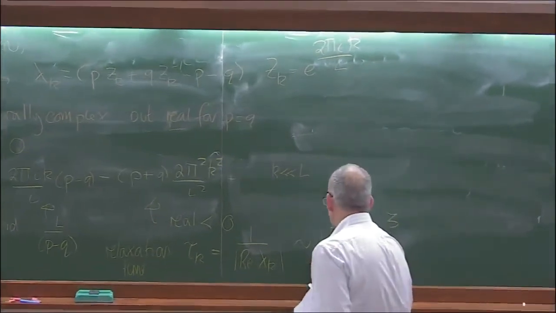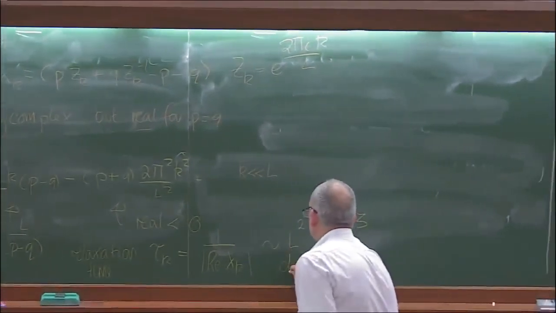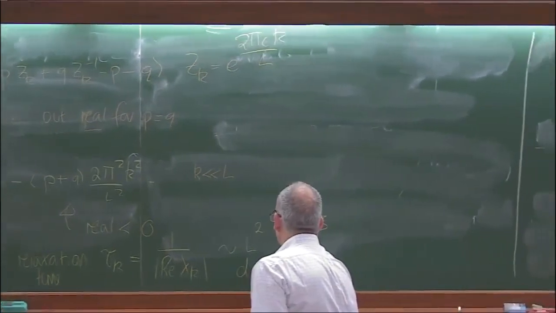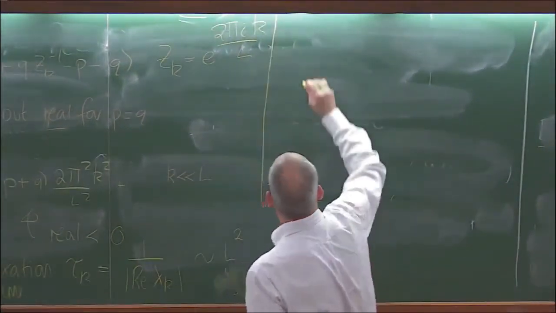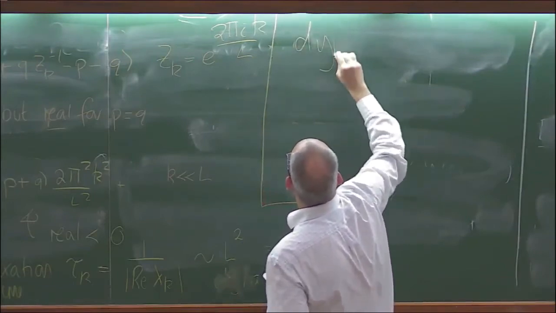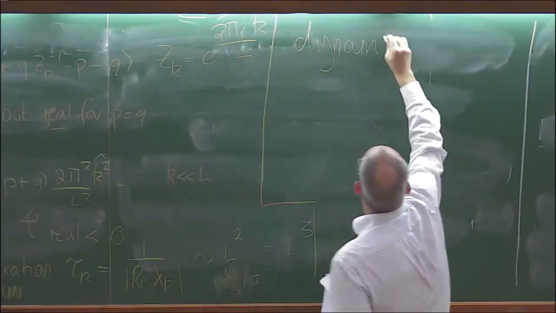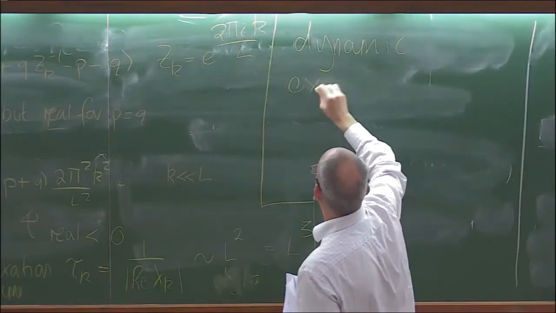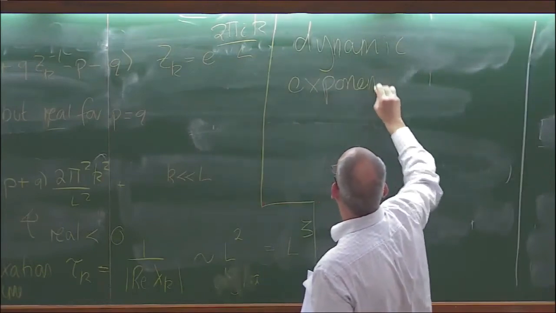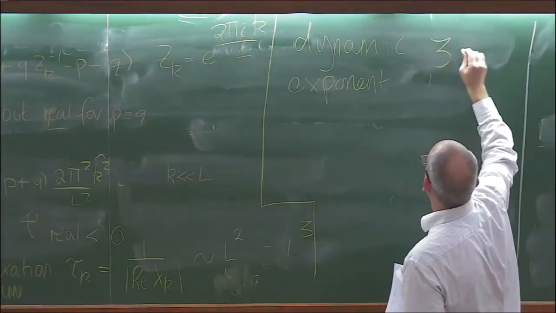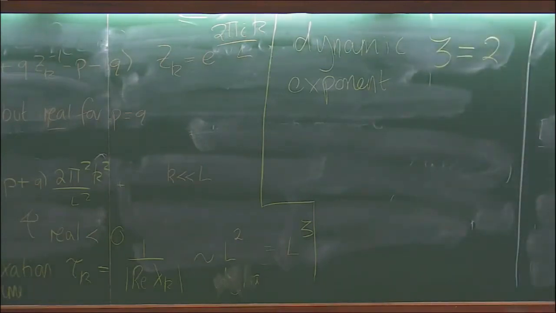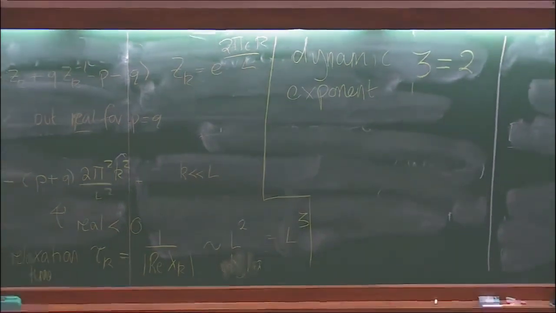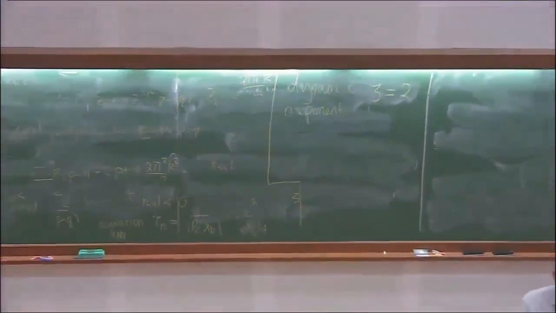And here, the dynamic exponent, I'll denote by z, is equal to 2. And this is common to diffusive processes. So here was a random walker. It had generally a bias, but it's a diffusive process.